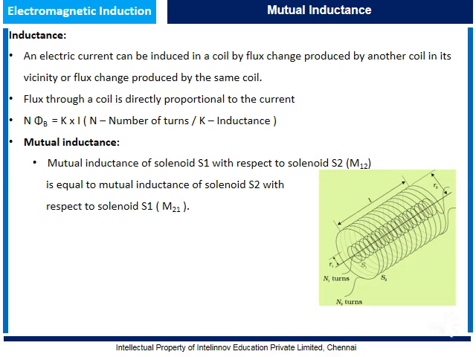This mutual inductance can be given by the formula μ0 N1 N2 π R1² L. The EMF induced here is equal to minus M dI2 by dt. Here M stands for mutual inductance and I2 stands for current in solenoid S2. You can notice that this EMF ε1 in solenoid S1 is directly proportional to the rate of change of current in solenoid S2.